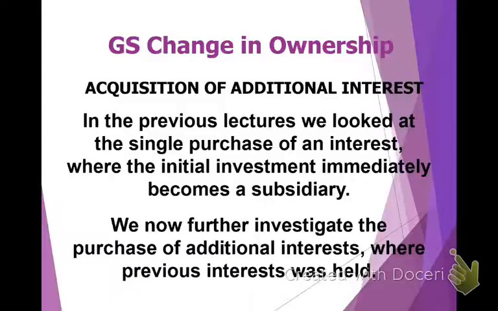For example, you will have held an interest in an investment, and now you purchase a further interest and it now becomes a subsidiary, or you have an interest in an associate, you do equity accounting, and now you purchase an additional interest in the associate, which now becomes a subsidiary.